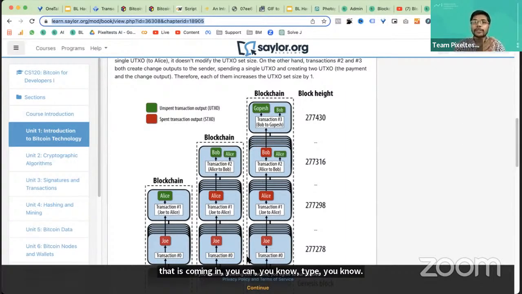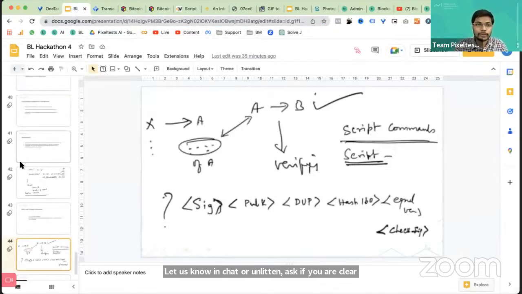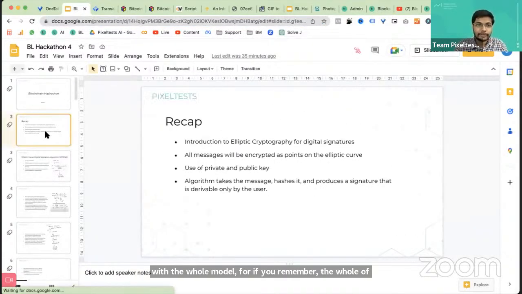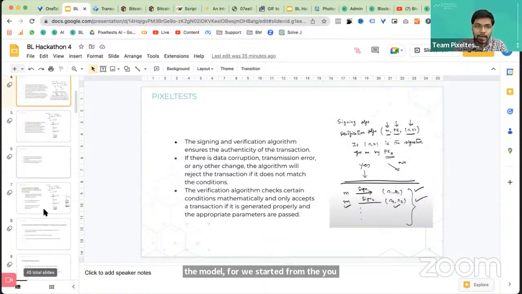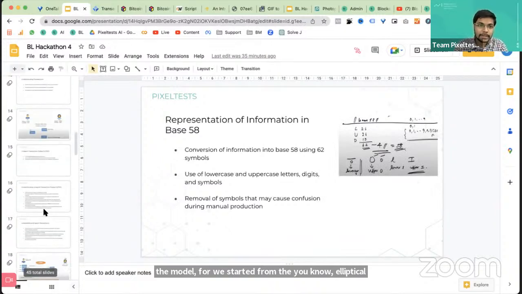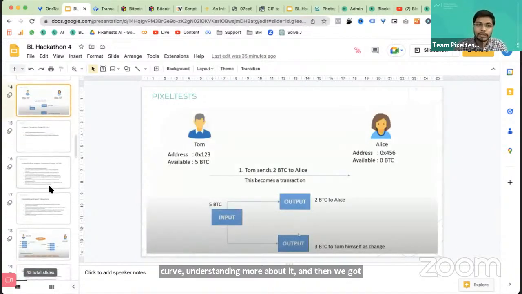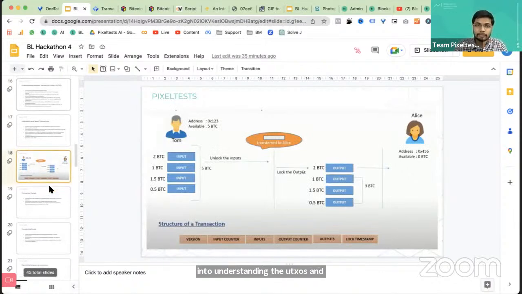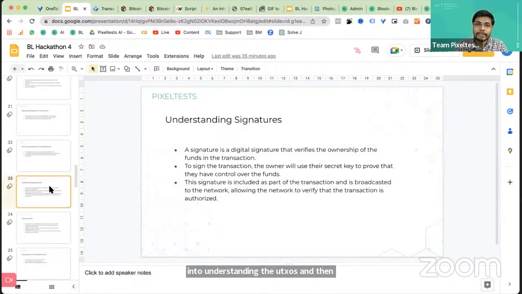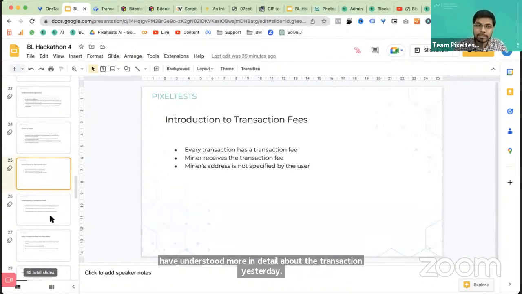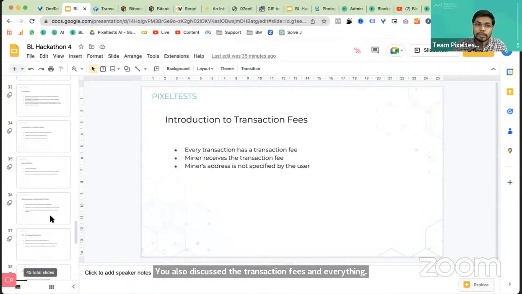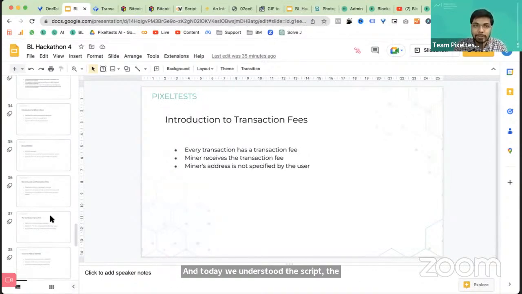If you remember the whole of module 4, we started from the elliptic curve, then got into understanding the UTXOs, and today we have understood more in detail about the transaction. Yesterday we also discussed the transaction fees, and today we have understood the script commands and how the signature verification is happening.